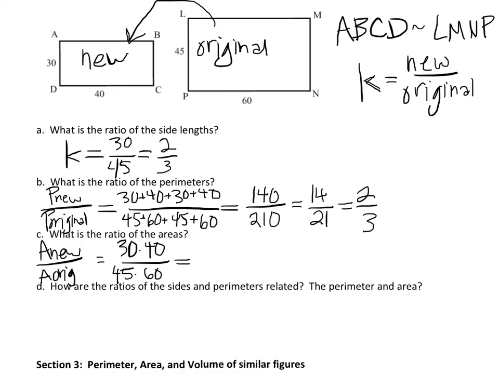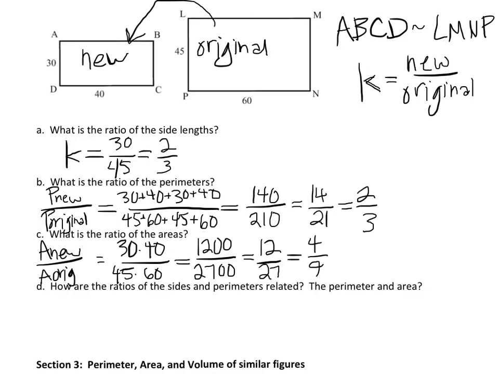And I get that to be 1200 over 2700. And I can simplify that down to 12 over 27, and then divide those both by 3 to get 4 over 9. And I can't simplify that down any further.